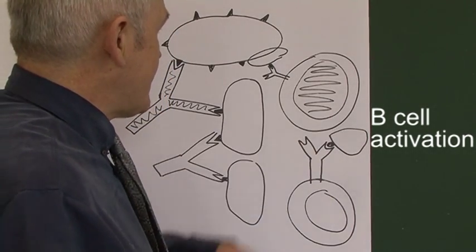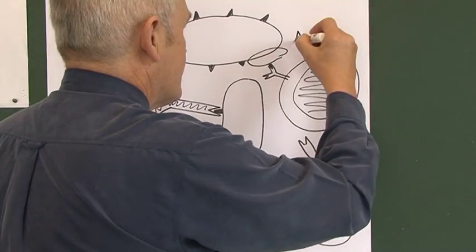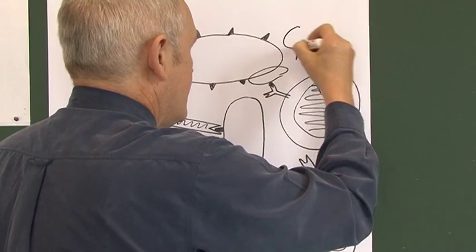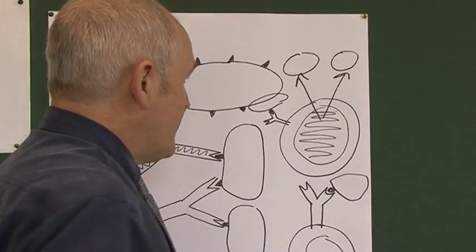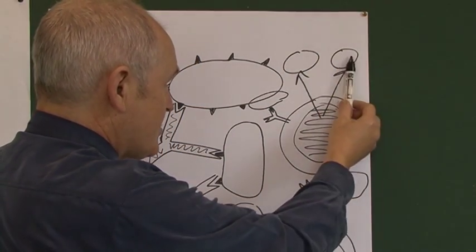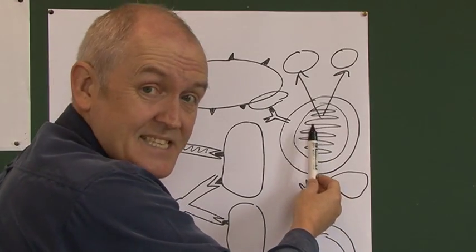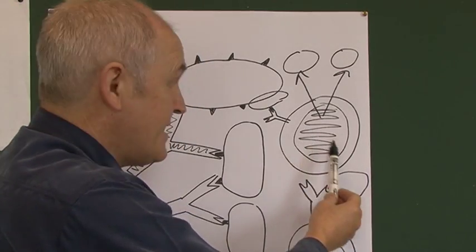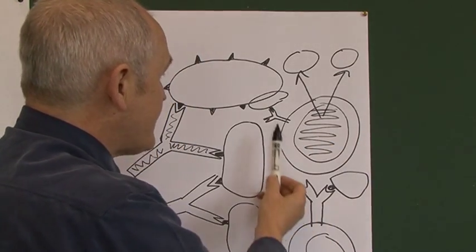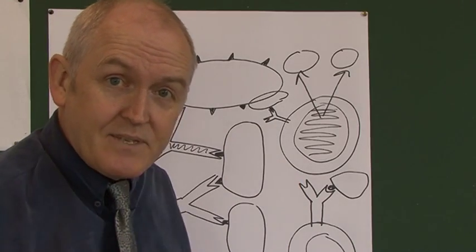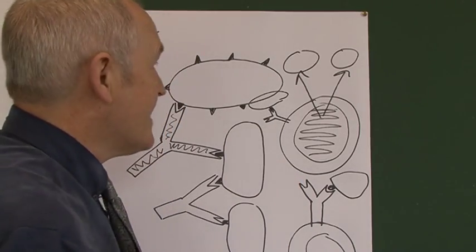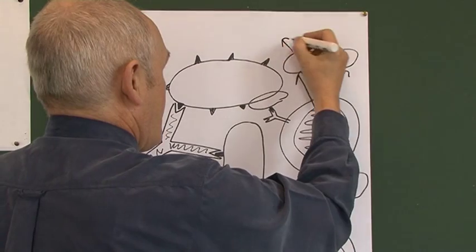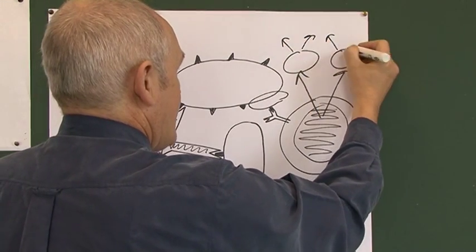Now you've got two B cells instead of one. But these daughter B cells have exactly the same arrangement of DNA as the parent B cell, so they make exactly the same shaped antibody. And then they'll divide again. So now we've got 4.